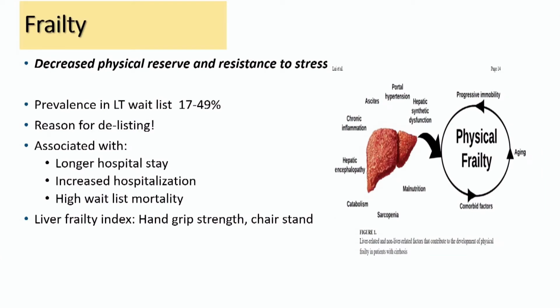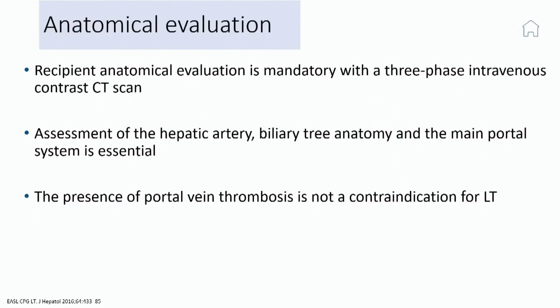All these factors end up in frailty of the patient: malnutrition, sarcopenia, other comorbidities, ongoing severe chronic inflammation, progressive immobility, and aging all lead the patient to frailty. This is common on the transplant list and is a common reason for delisting. It is associated with longer hospital stay, increased hospitalization and high waitlist mortality.